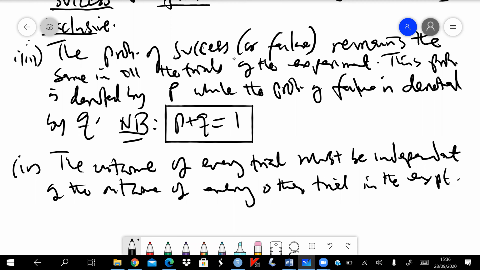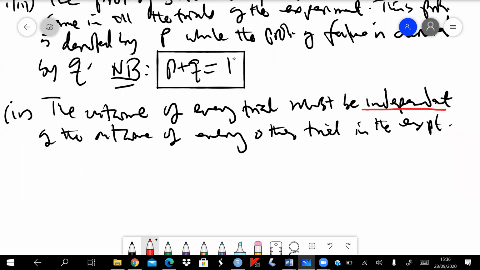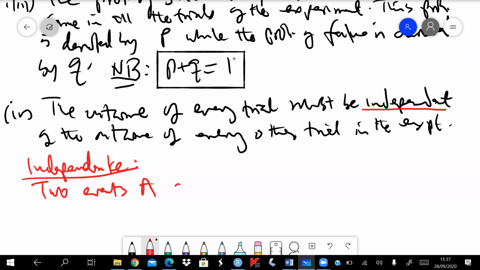So in short, the trials are independent. Okay, so independence is a very important concept here. When we talk about independence, I want to define what is independence. We say that two events, A and B, are said to be independent.